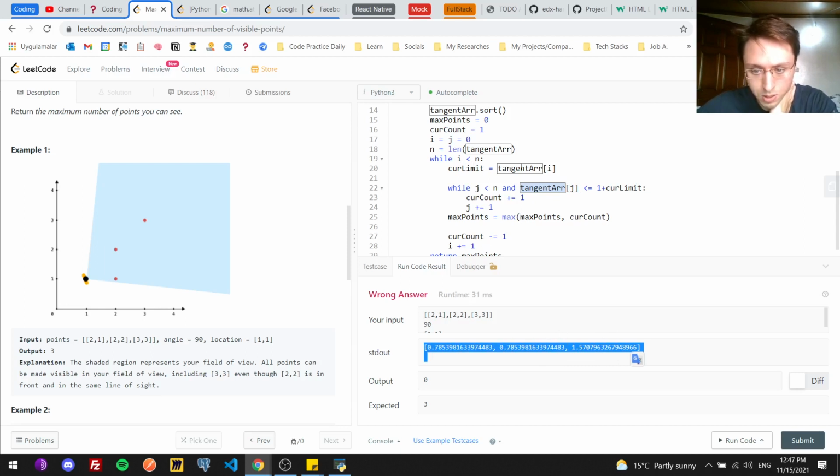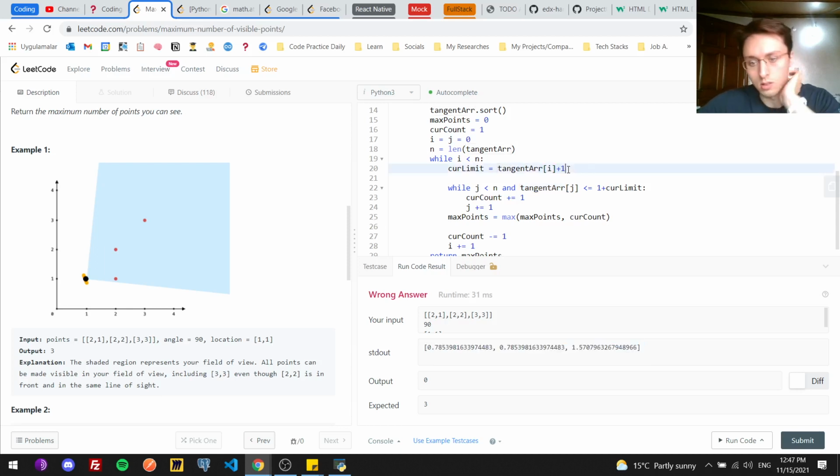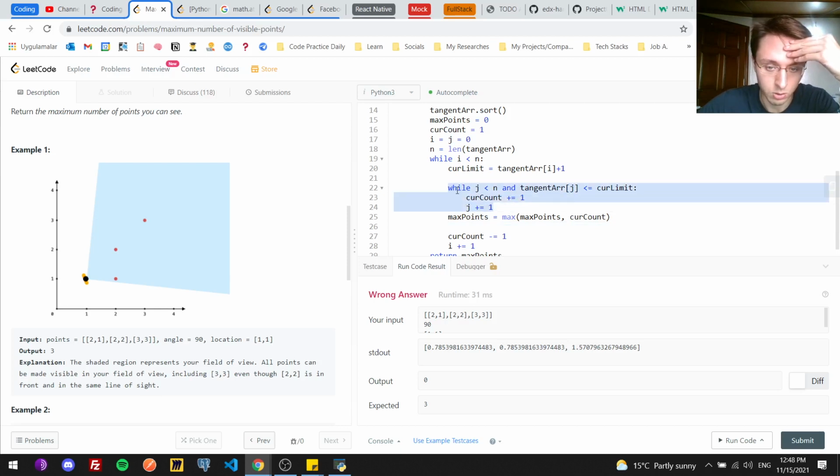Come here. My current limit is now, okay, actually let's put 1 there. Like that, and then we go in, we increase j by 1 and increase the count, which makes it 2, and then it just goes on like that. And if you have 2.1, 2.2, 2.3, we add every one of those in, and then at the end I just increase i.